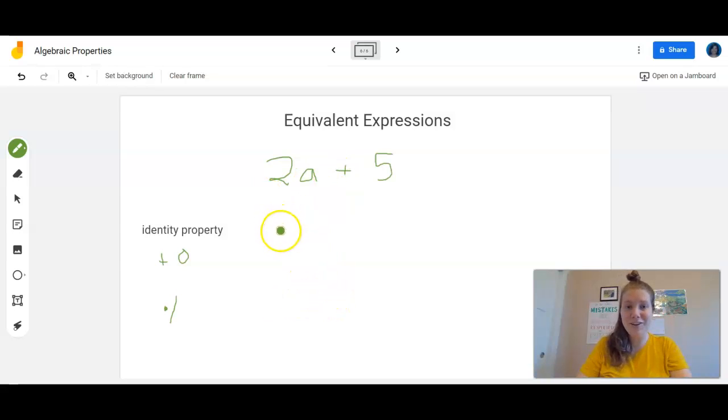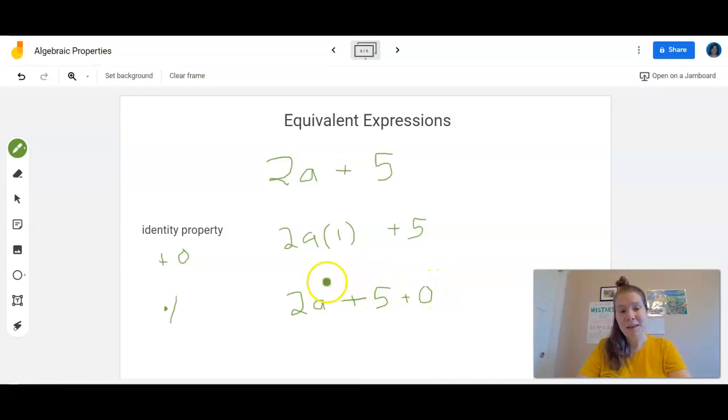For this one here, I could change this to 2 times a times 1 plus 5. Still going to be equivalent. I could do it as 2 times a plus 5 plus 0. Still going to be equivalent. People might think that you're being pedantic, but they certainly are equivalent.